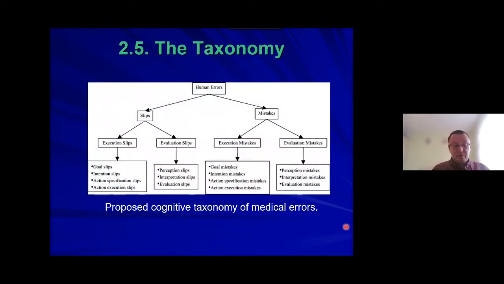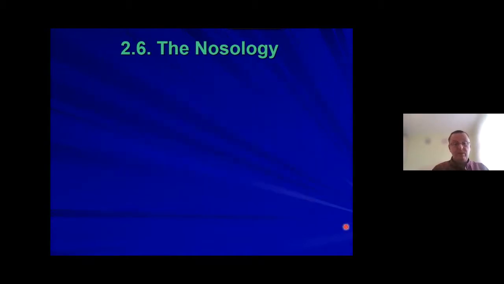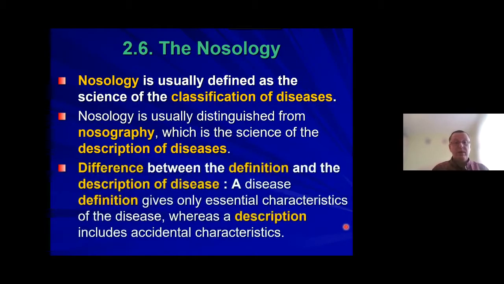And here we have a proposed cognitive taxonomy of medical errors, for example. In the slide view we have slips, mistakes, and then we drill down below. Nosology is usually defined as the science of classification of diseases.